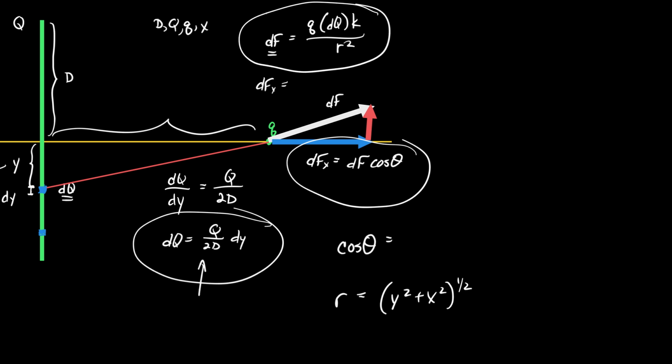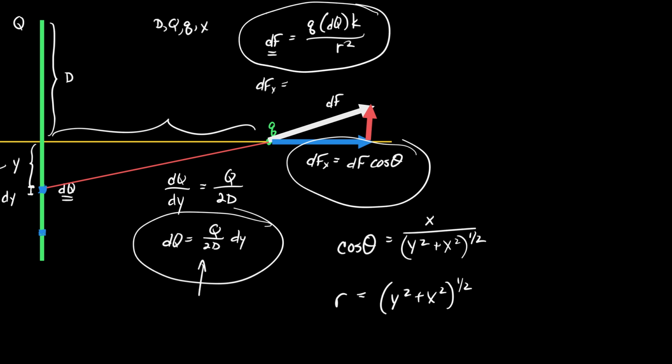All right. Can you do the same thing for cosine theta? Can you express it in terms of y? You should be able to if you've been paying attention. Everybody see that okay?